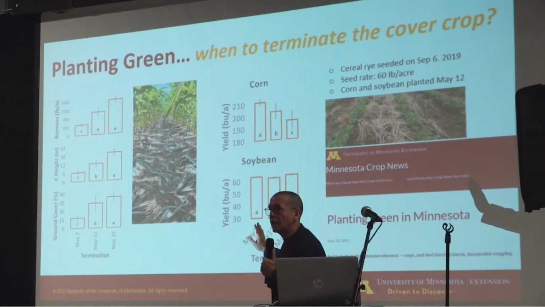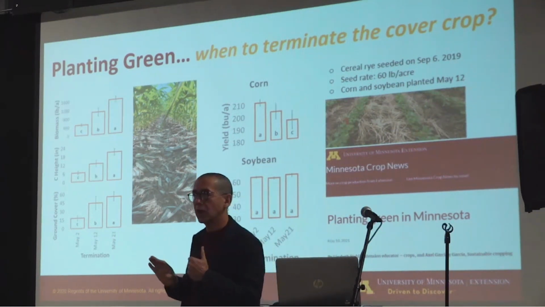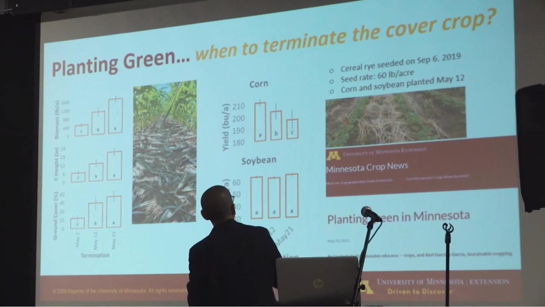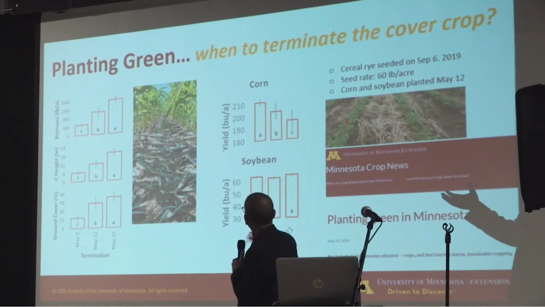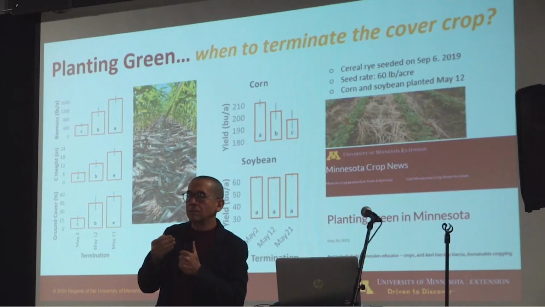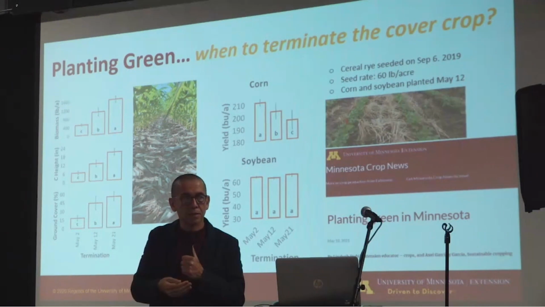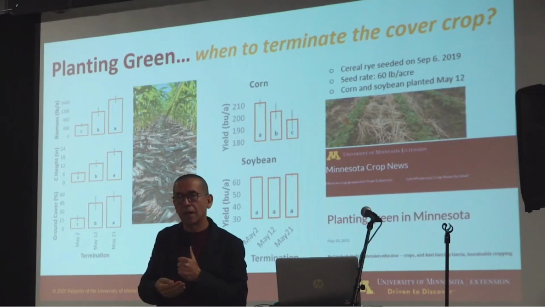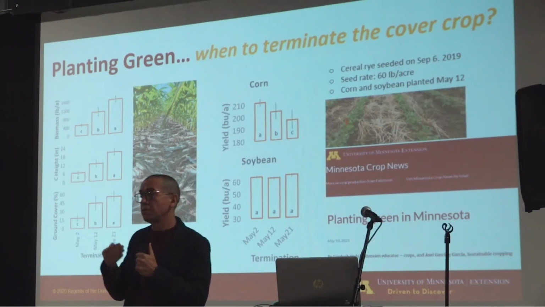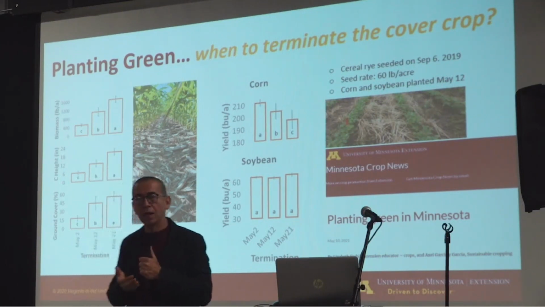Soybeans, on the other hand, were not affected. Soybeans did well. So among other things, this study is telling us that how long the cash crop is going to be under the cover crop matters. We have to be very careful with that, because if we leave the corn in this case too long, the likelihood of failure is very high, okay?